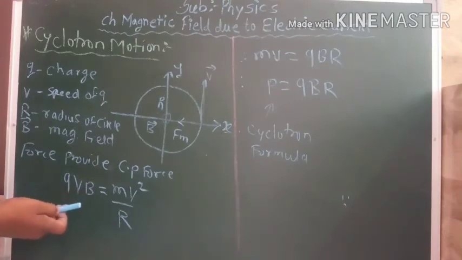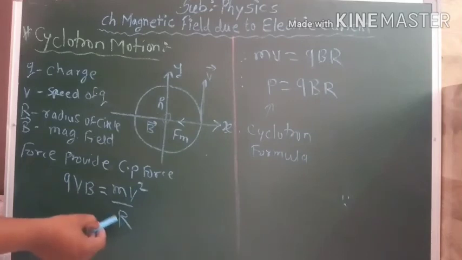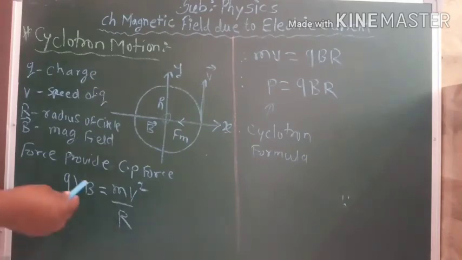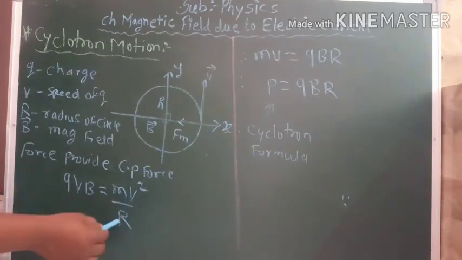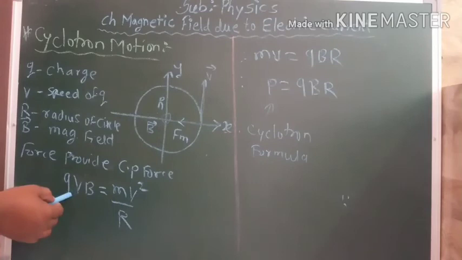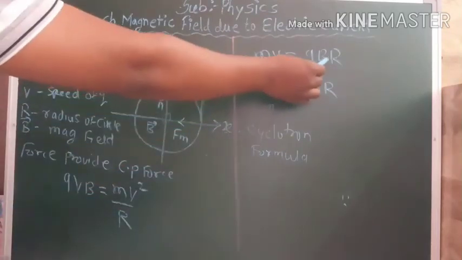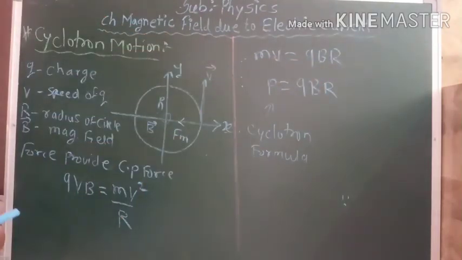Therefore, we write QVB is equal to mv square upon r. V gets cancelled, and r goes to the other side. Therefore, we write mv is equal to QBR.